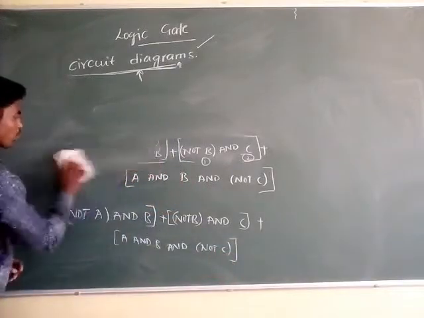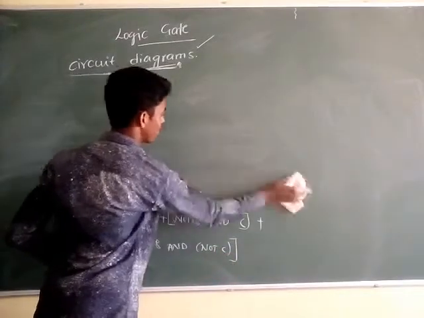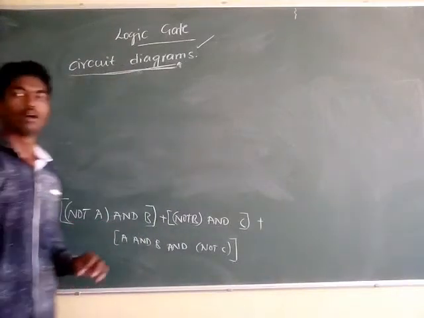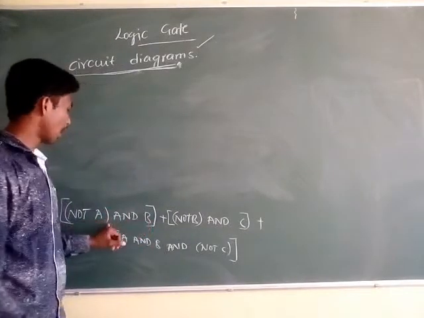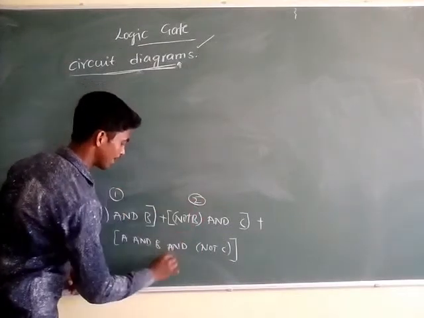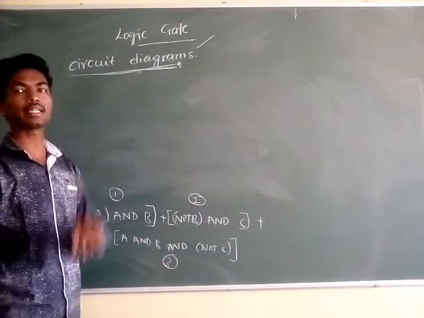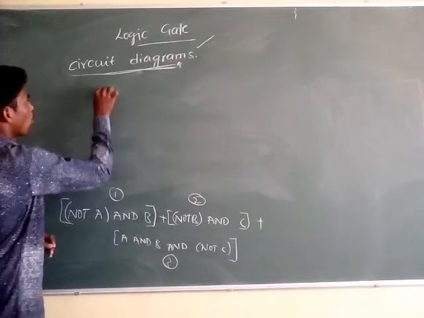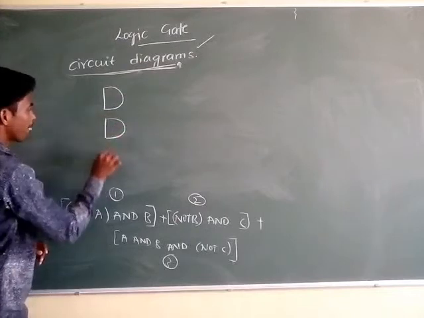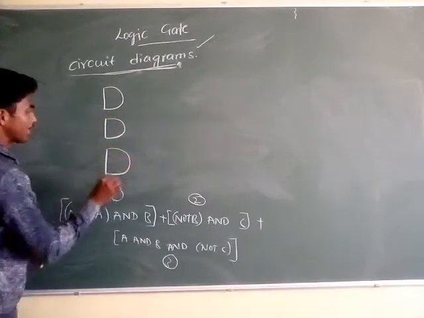I will erase this so that I can easily draw the complete circuit diagram. First AND gate, second AND gate and third AND gate. You have to draw the three different AND gates.